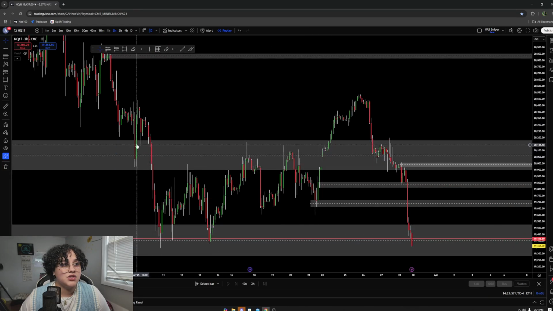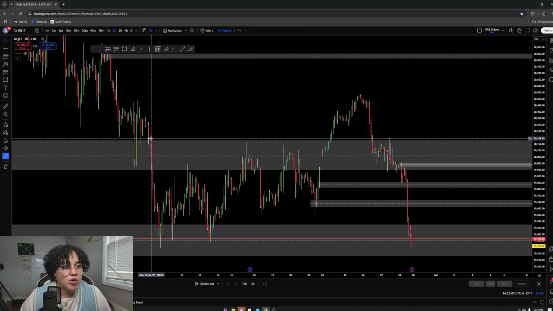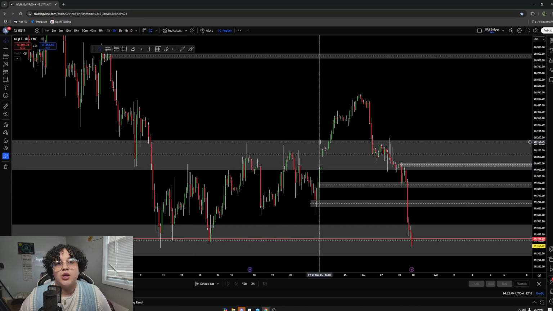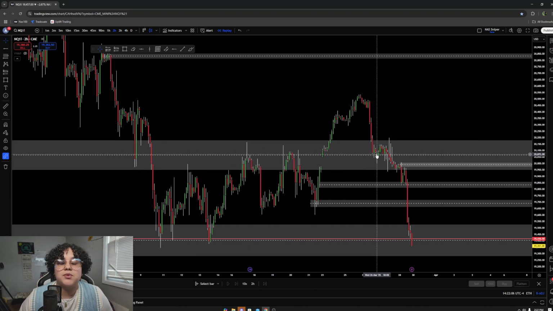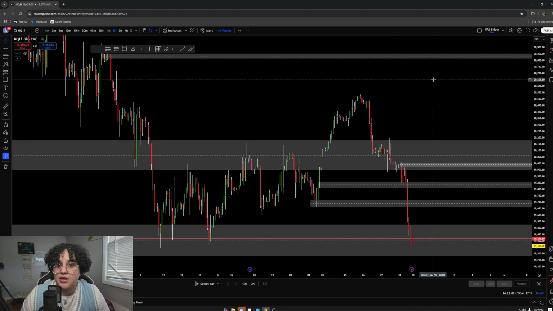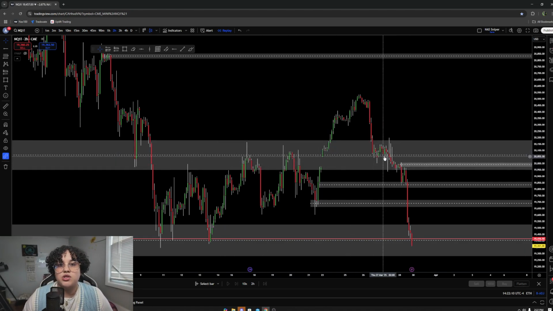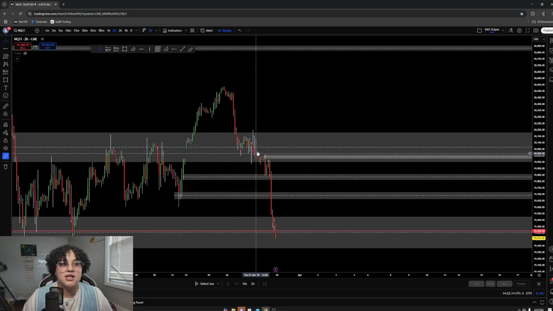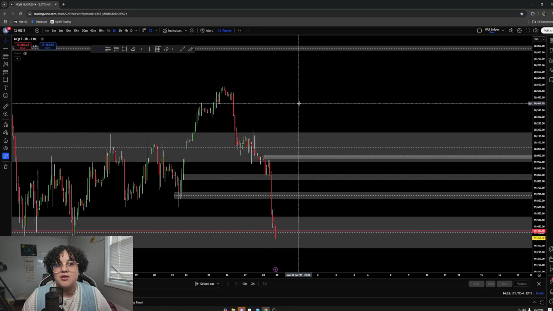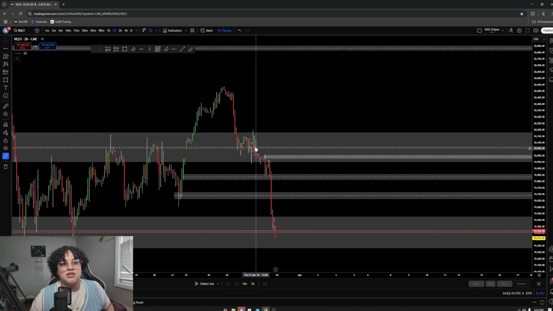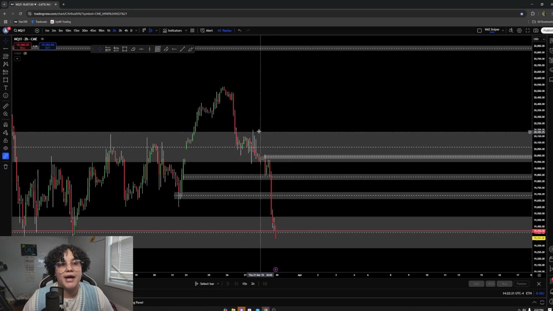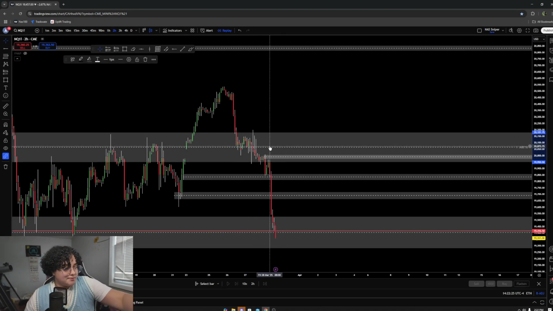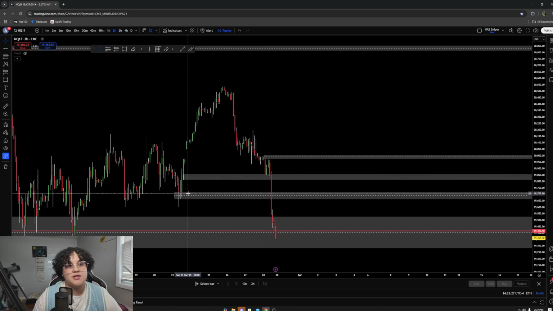Anyways, area of interest, we've bounced off of this, we break through it, we're rejecting it, rejecting it. If we broke through it, I'm expecting price to push up, because resistance will turn into support. But this day, where price retested this area, it failed to bounce up. So I was expecting it to go back down because it failed to bounce off of this area. But yeah, that's basically it for supply and demand.